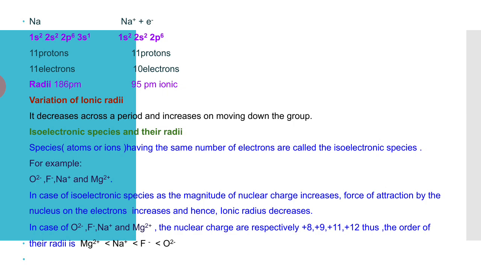In case of isoelectronic species, as the magnitude of nuclear charge increases, the force of attraction by the nucleus on the electrons increases and hence ionic radius decreases.